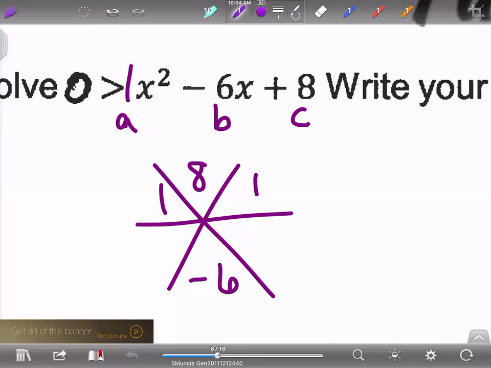So now we're on a mission to find 2 numbers that multiply to give us 8, but add to give us -6. -2 and -4, perfect.